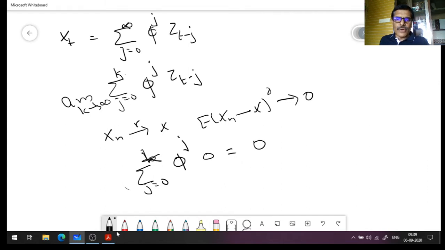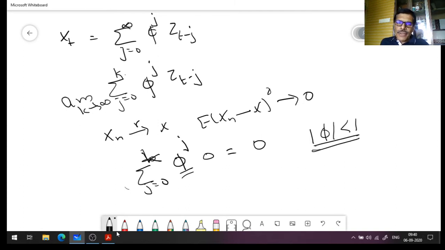Now you allow k to go to infinity. The condition required in this case is absolute phi less than 1, because this is basically a geometric series, and you know that an infinite geometric series converges when this condition holds.